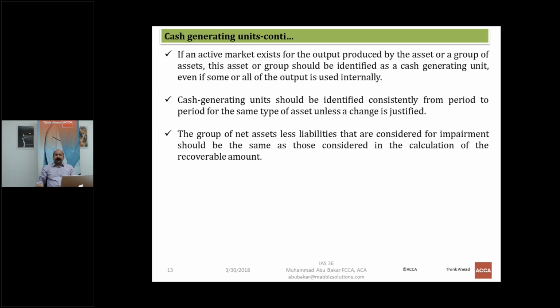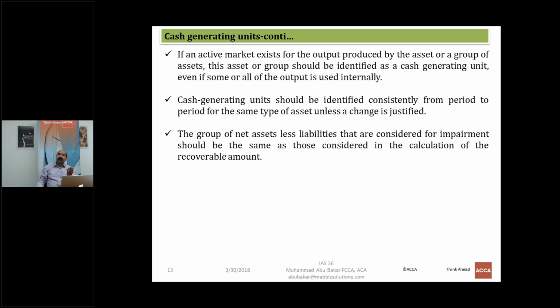Okay. If an active market exists for the output produced by the asset or a group of assets, this asset or group should be identified as a cash generating unit, even if some or all of the output is used internally. This means if a group of assets can generate largely independent cash flow, whether it is generating or not is not the consideration.